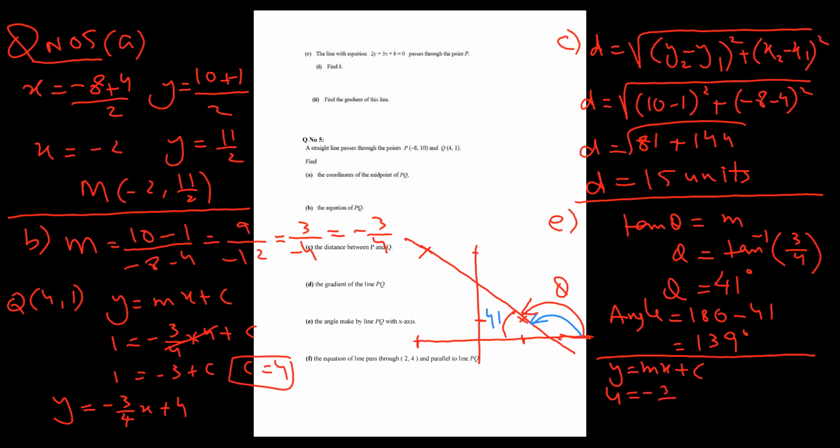So 4 is equal to minus 3 over 2 plus c. So this goes there: 4 plus 3 by 2. 2 fours are 8 plus 3, 11 by 2. So the c value comes 11 by 2.